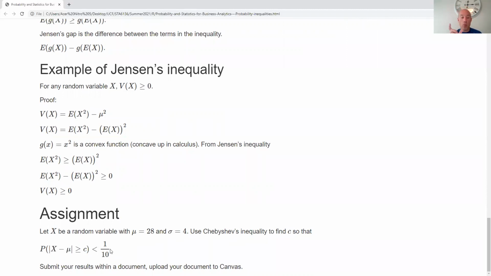We want to make this as precise a statement as possible. So we have to use this 10 to figure out a k, and then we use the k and the standard deviation to figure out the c.